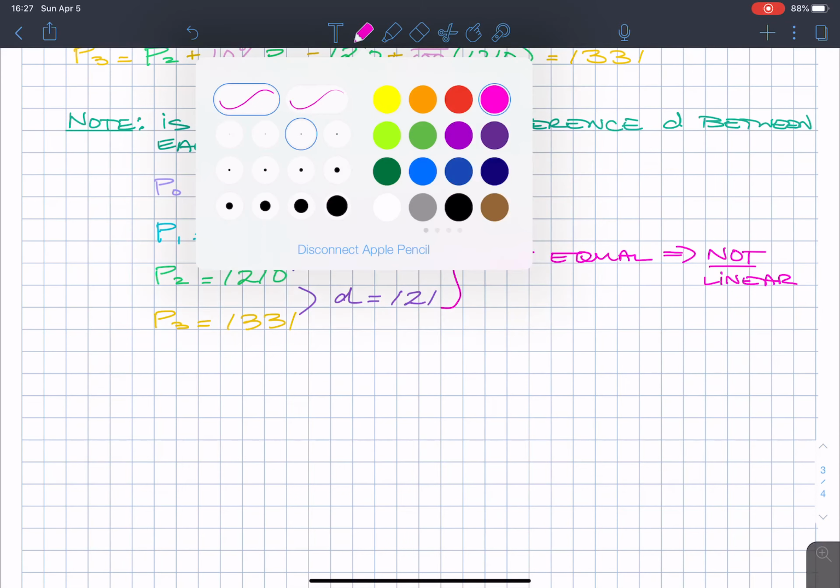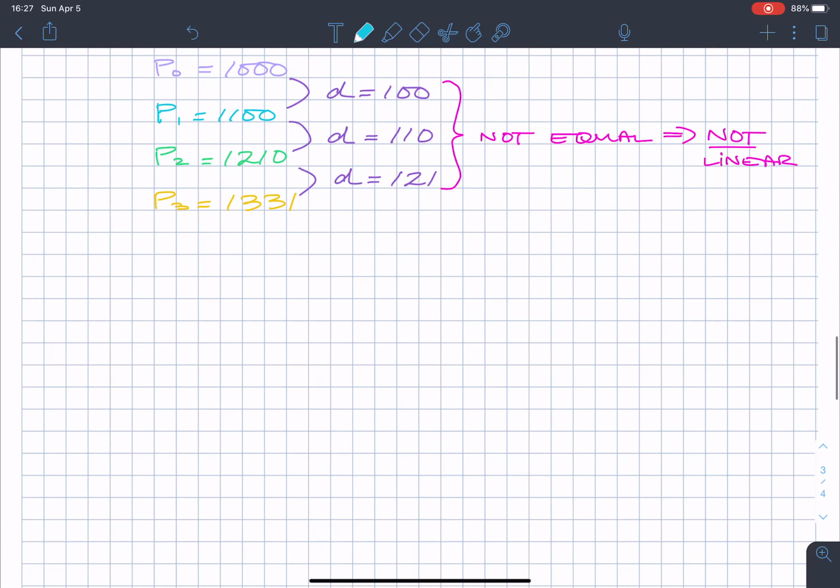So, definition. Let little r be the growth rate, as a percentage. We already have seen little r.